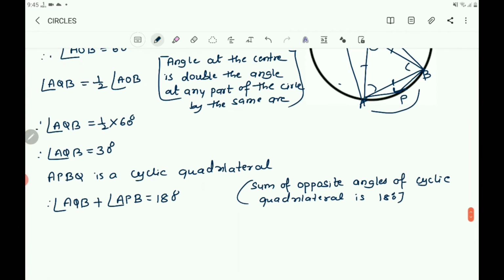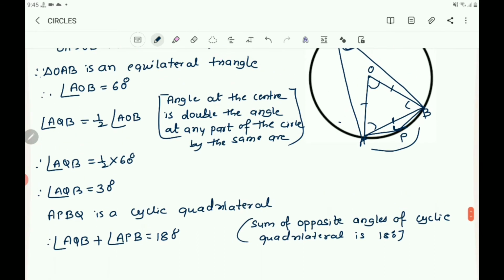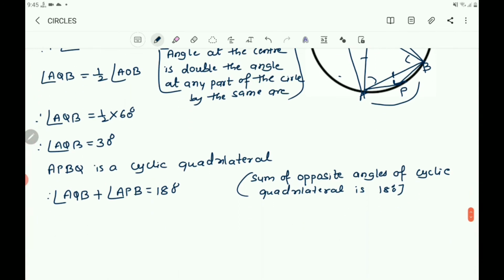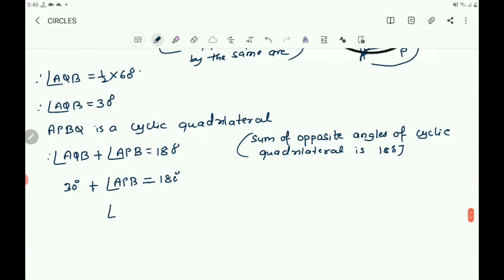Angle AQB you got 30 degree. So you write, therefore, 30 degree plus angle APB equals 180 degree. Therefore angle APB equals 180 degree minus 30 degree, that equals 150 degree.